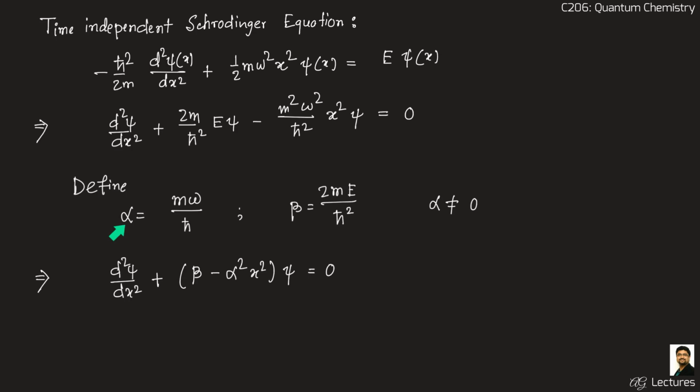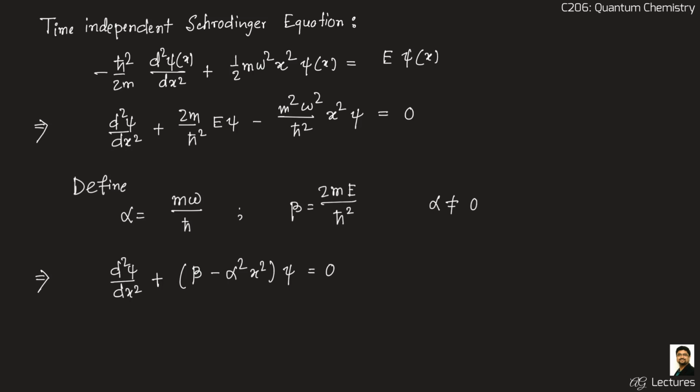So alpha 0 directly means that omega is 0, and if omega is 0, then there is no simple harmonic oscillation going on, and we are not interested in that particular case. So we'll be using later that alpha is not equal to 0, but that's going to be much later.